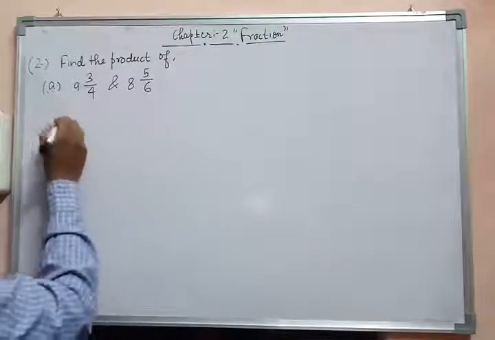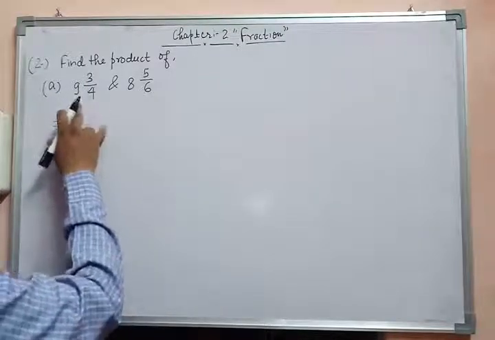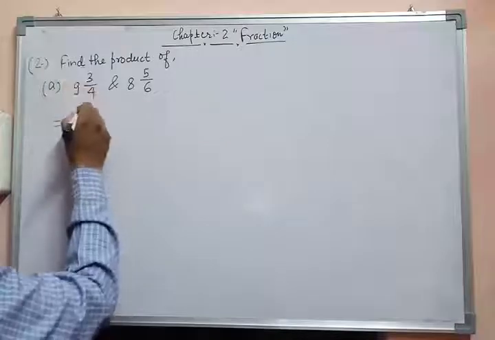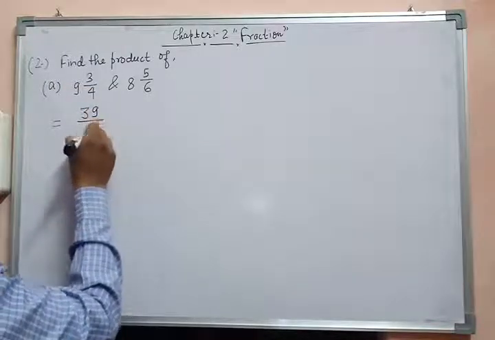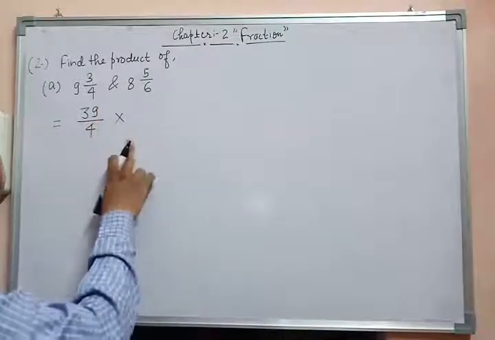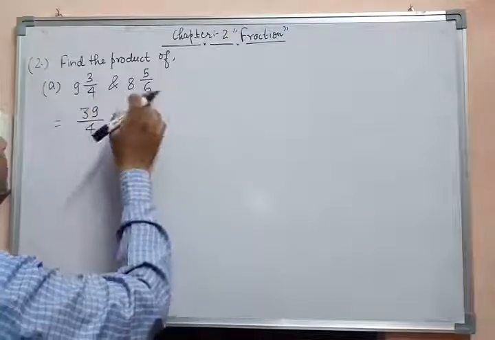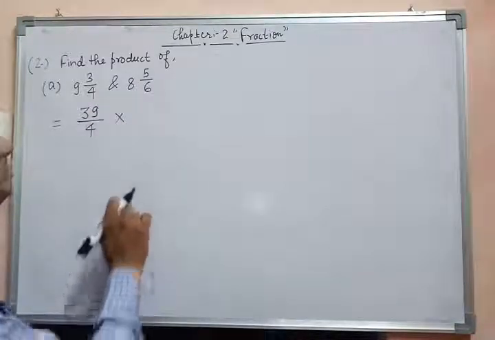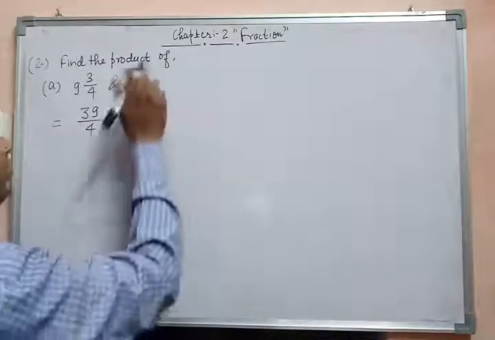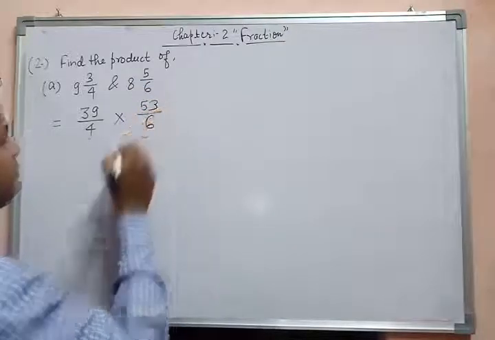4 9s are 36, and add 3, then we get 39, and you have to write this over the denominator. In the same way, 6 8s are 48, and you have to add 5, 53 upon 6.